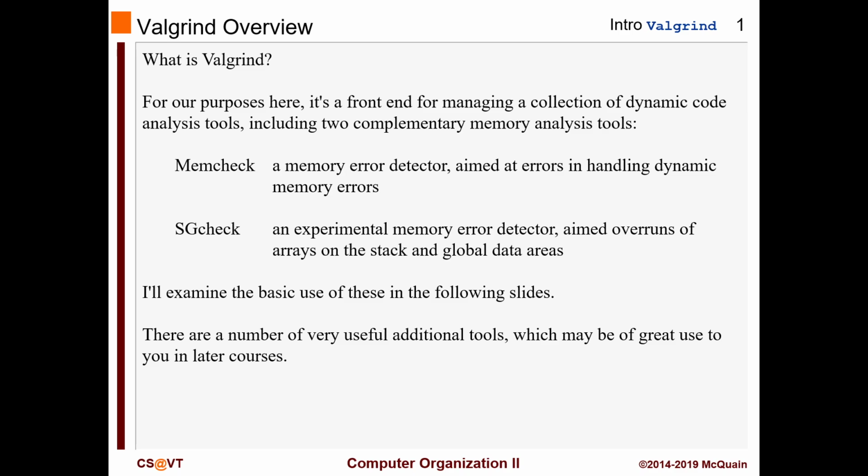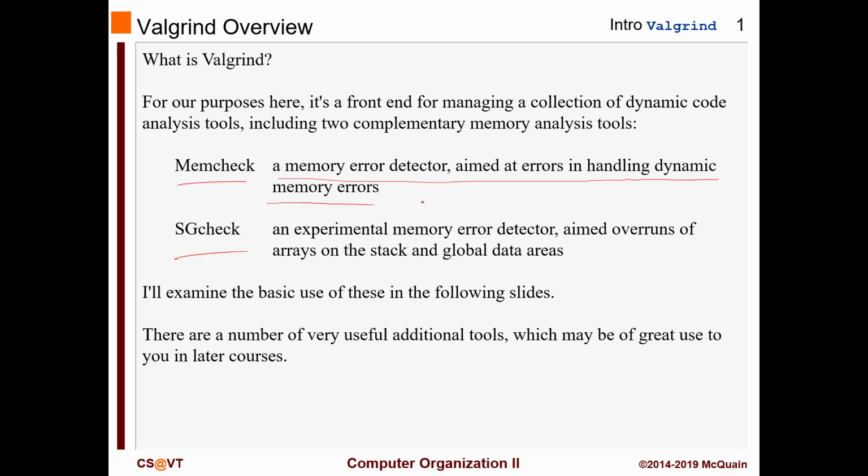So what is Valgrind? For our purposes here, it's a front end for managing a collection of dynamic code analysis tools, including two complementary memory analysis tools, MemCheck and SGCheck. MemCheck is a memory error detector aimed at errors in handling dynamic memory.